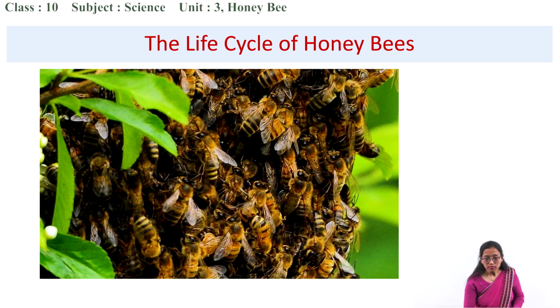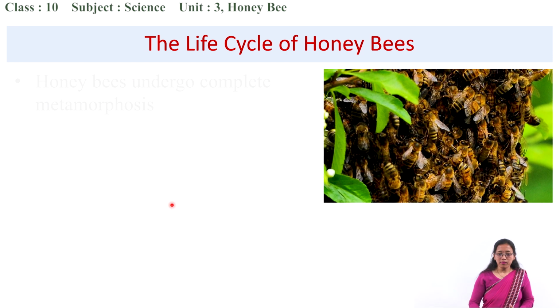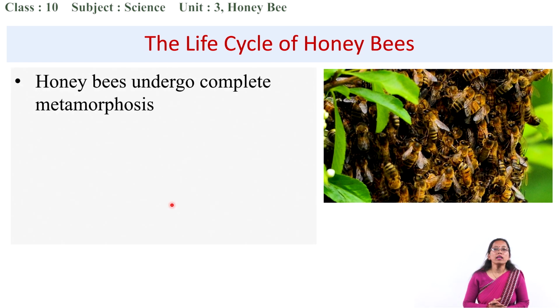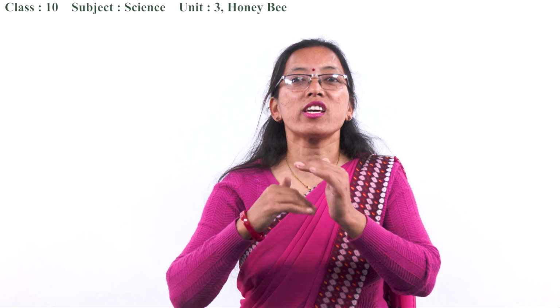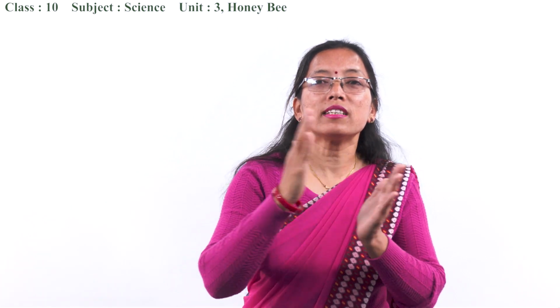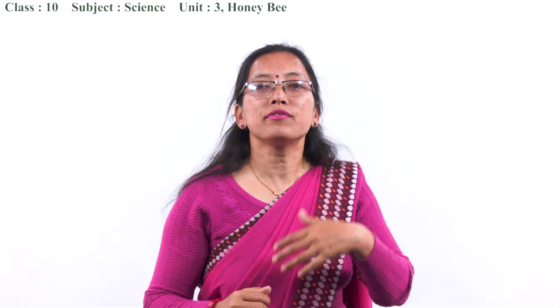Okay, here we can see honeybees undergo complete metamorphosis. Have you heard about metamorphosis? What does it mean? Metamorphosis means simply changing the stages to complete the life cycle. We can see different organisms complete their life cycle in different stages.